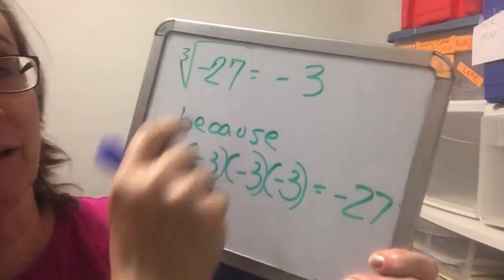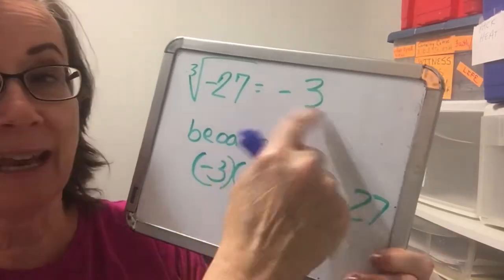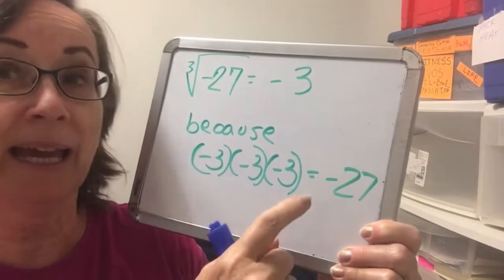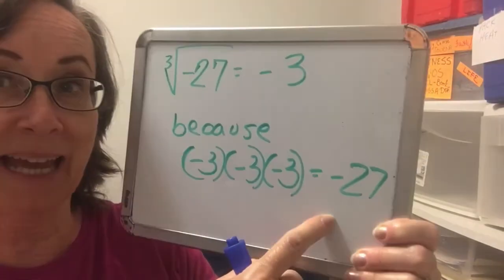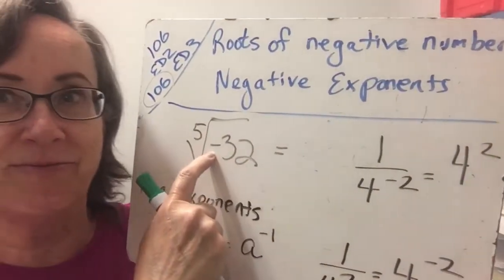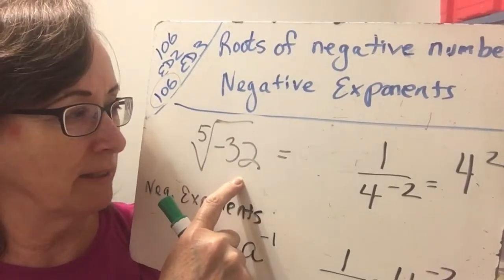The cubic root of negative 27 is no problem. It is negative 3, because negative 3 times negative 3 times negative 3 does give me negative 27. Therefore, we have a real solution. And let's come back with some more in a moment. So our next example is the fifth root of negative 32.